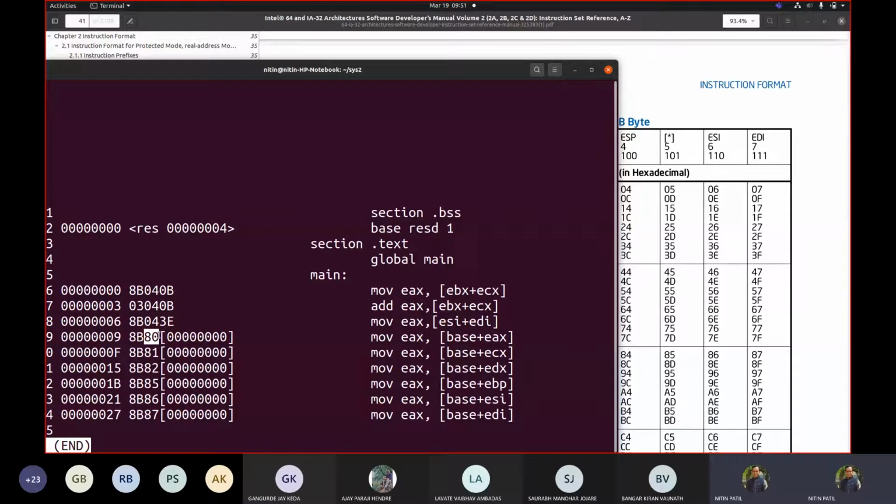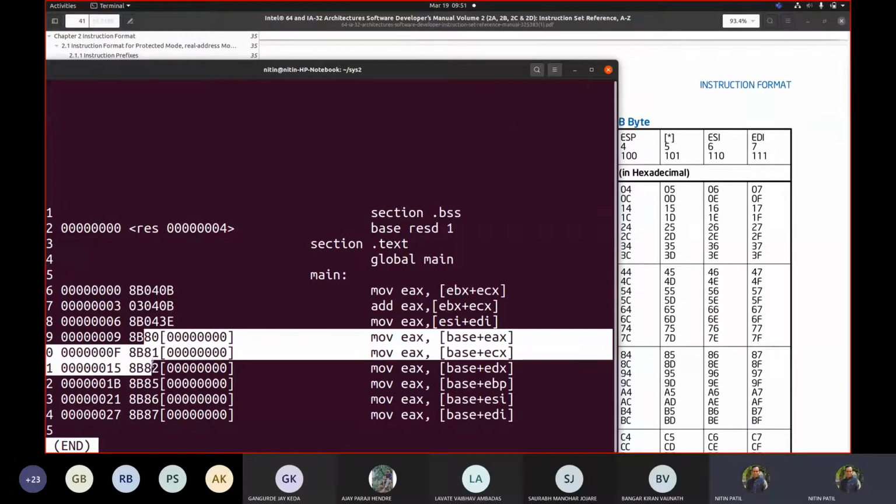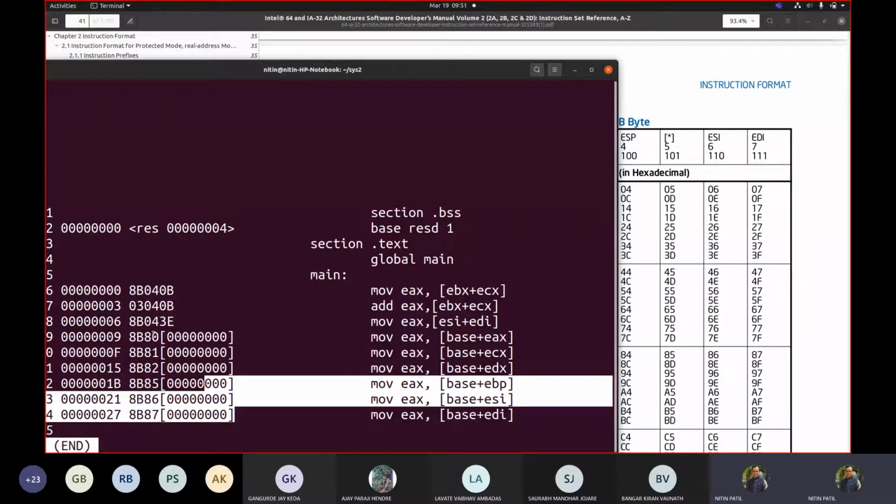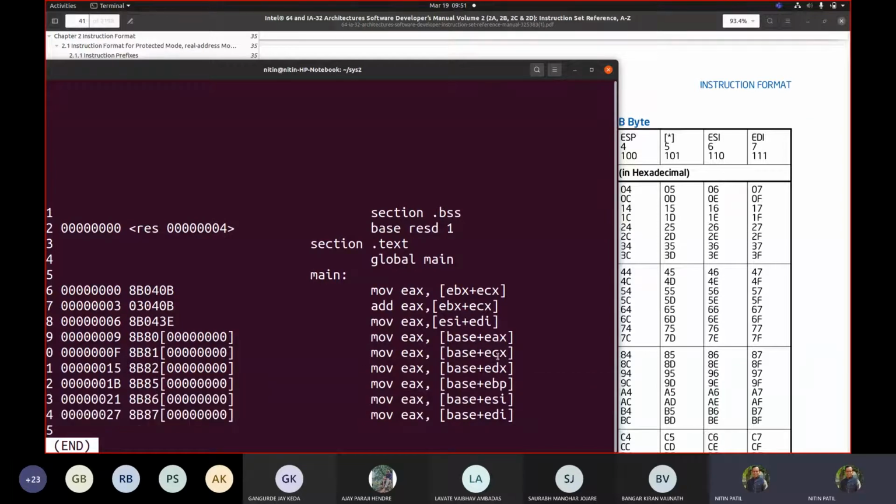This was mod RM. Mod RM was taken every place. And this 80, 80, 0, 8, 80, 80, 81, 82, 83, whatever came because of these registers.